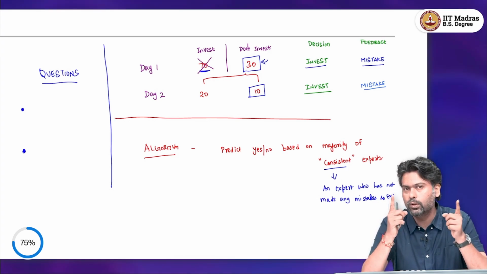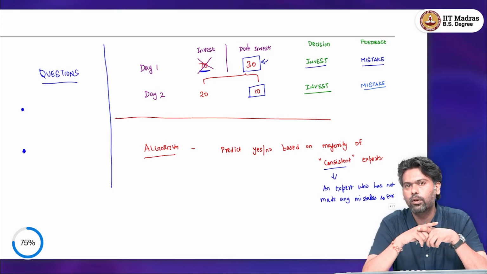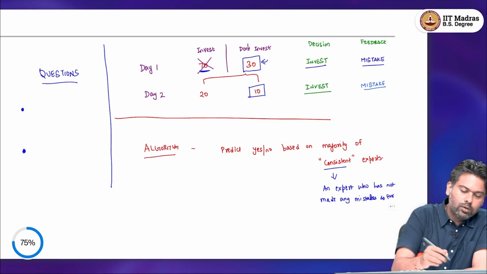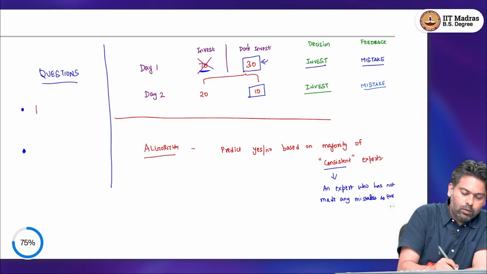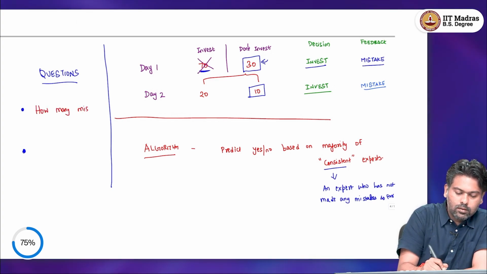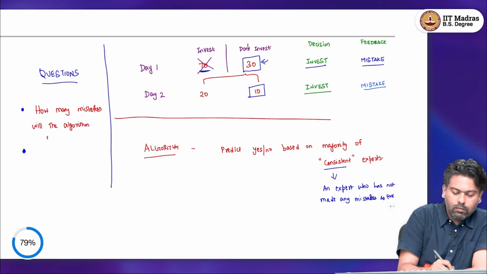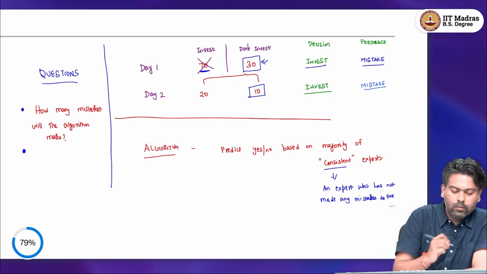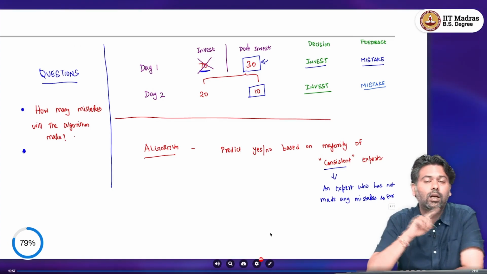The first question though is something that you can figure out for yourself based on whatever we have discussed so far. So the first question is, how many mistakes will the algorithm make if there are 100 friends?